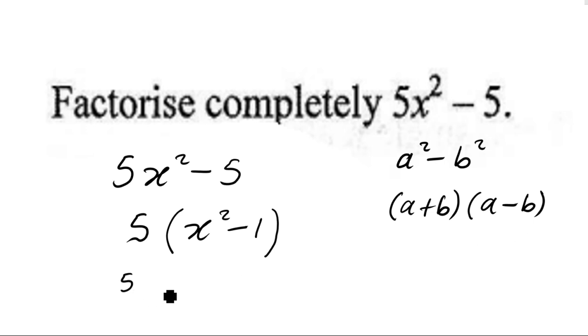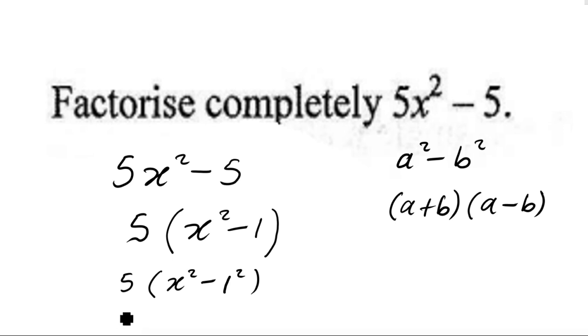So I'll say 5 times x squared minus 1 squared, because the square root of 1 is 1. That's why I have expressed 1 using its square root. Then I'm going to apply this same principle here.